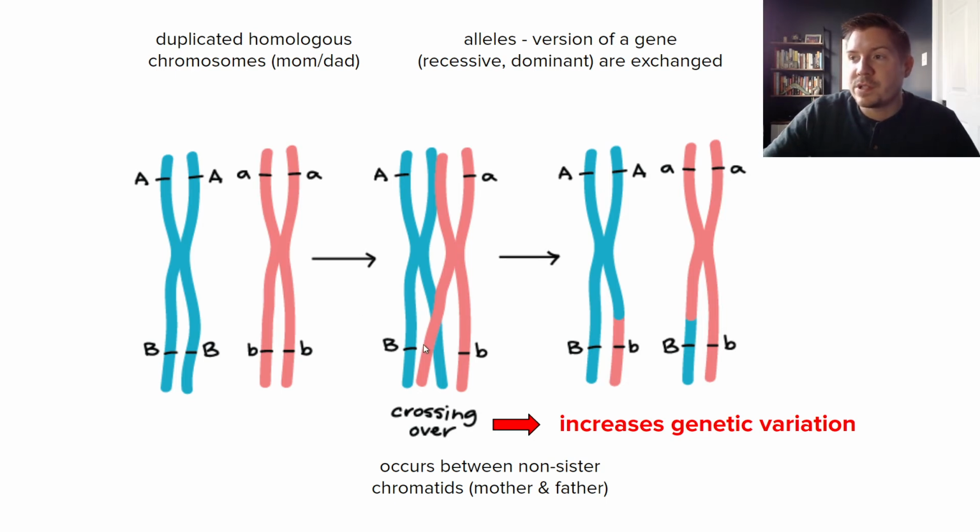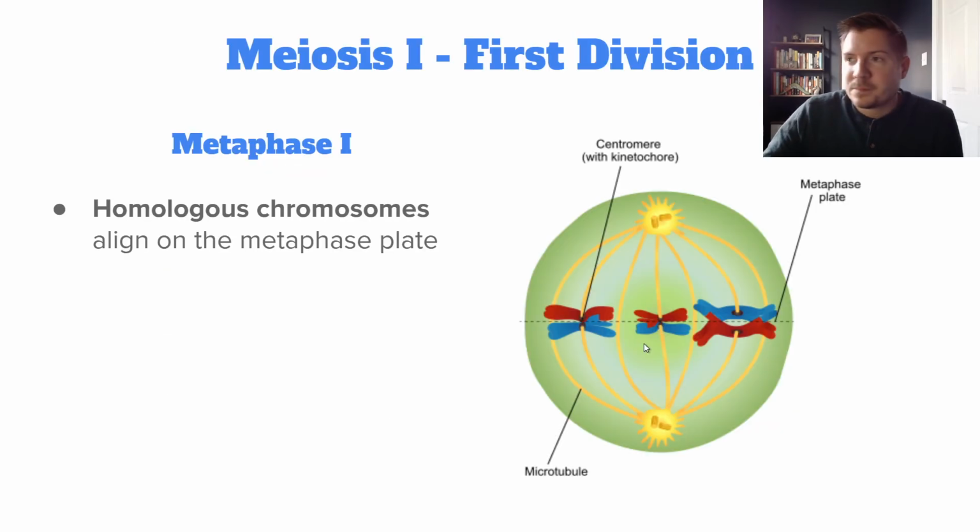So if you look here, you can see crossing over can occur between these two homologous chromosomes, and you end up with a copy of a chromosome here and here that were not present in either one of the original cell's parents. So we've had crossing over occur.